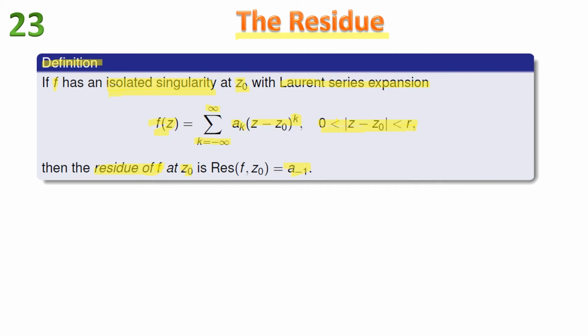So here we prefer to write Res, that is, the residue of function f at z0 is a minus 1.